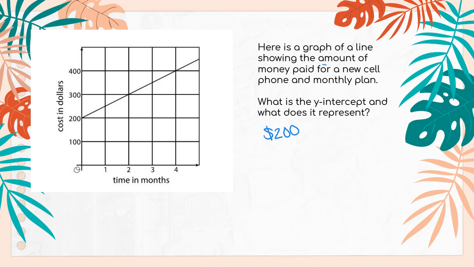But imagine that you go into the cell phone store and you're buying a new phone, and then you're also having a monthly plan. That new phone is what you're going to have to pay for right up front. So that $200 in this case would represent the cost of the new phone.